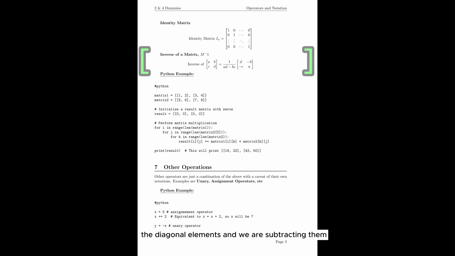In the other operation, we are shifting the elements, so the D goes to A and A goes to D. Then we use a multiplication by negative 1 for the other diagonal. And to find the inverse, we simply multiply the determinant and this new matrix.